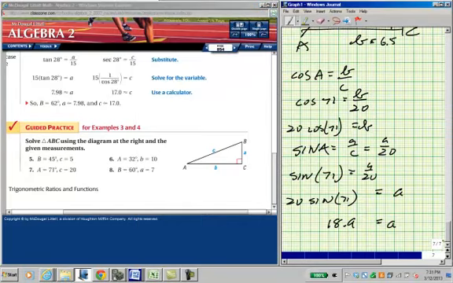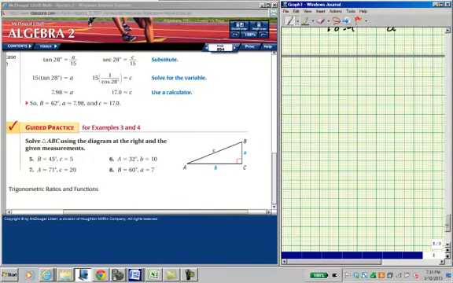All right. Now, we got here. We got one of our special angles. So we got our triangle.